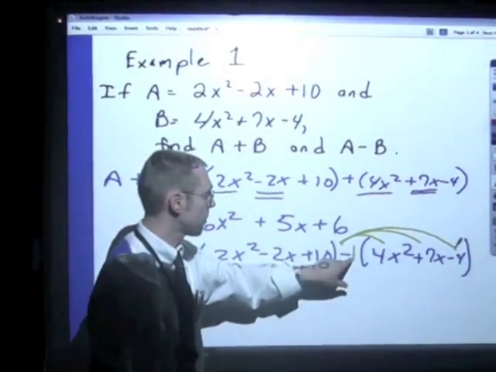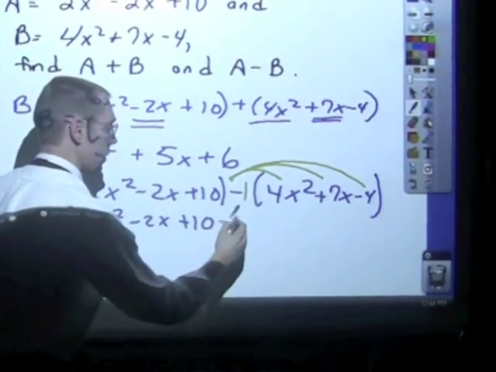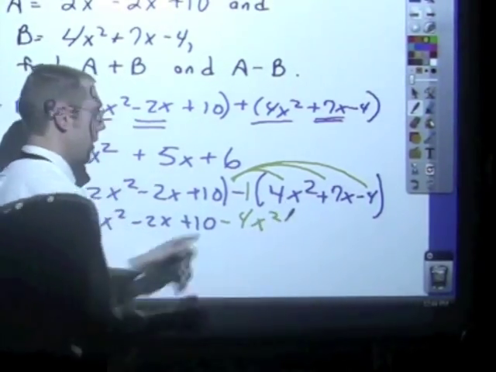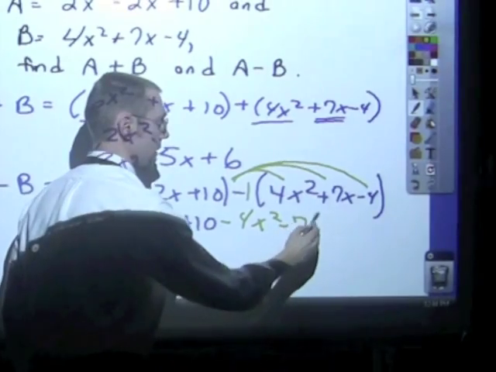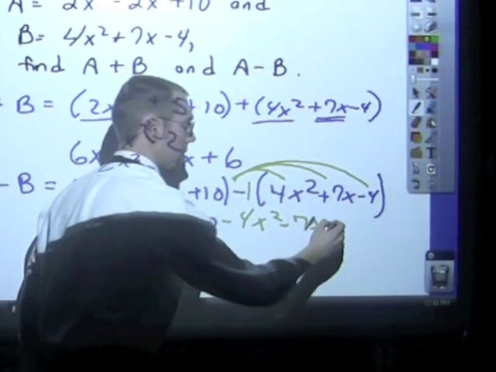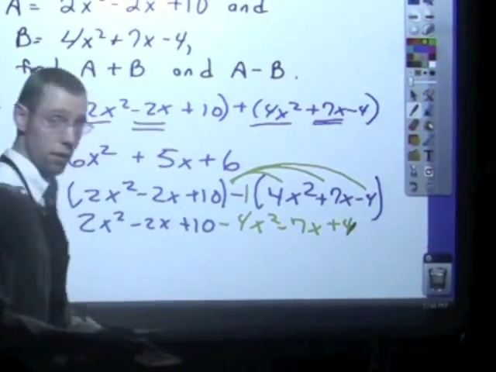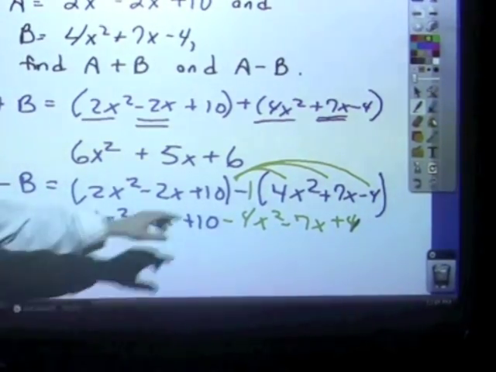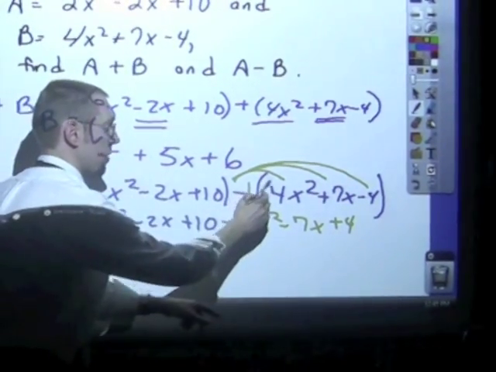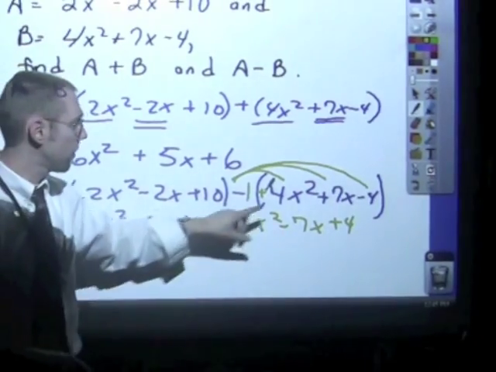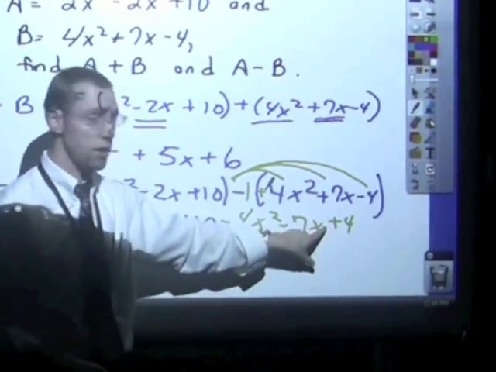All right, and then this would be negative 1 times positive 4. That's minus 4x squared. Negative 1 times 7x is minus 7x. And negative 1 times negative 4 is positive 4. So that's another option for you. But either way, the sign here, which was originally positive, though not written, becomes negative. This sign becomes negative. This sign becomes positive.